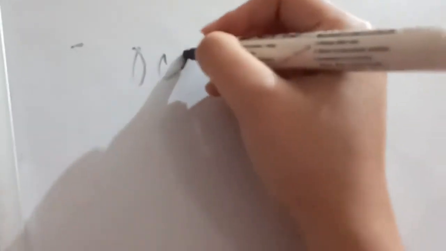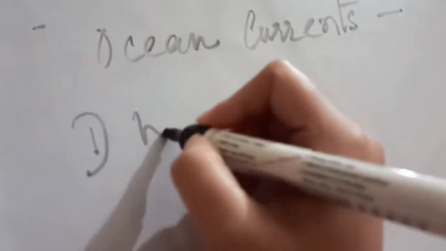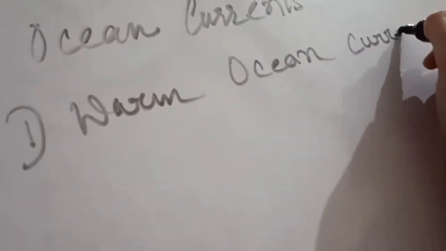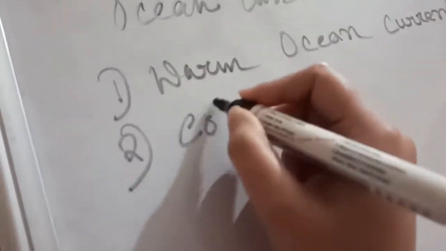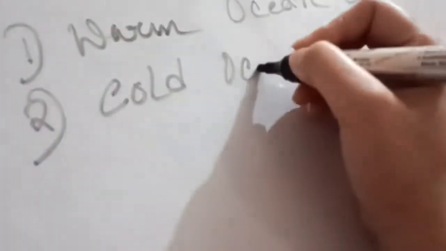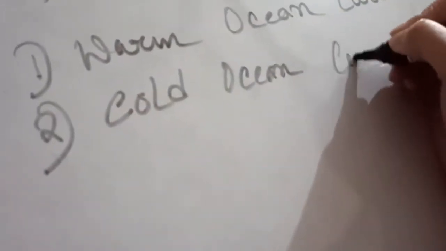The ocean currents are of two types. One is the warm ocean current and another is the cold ocean current.